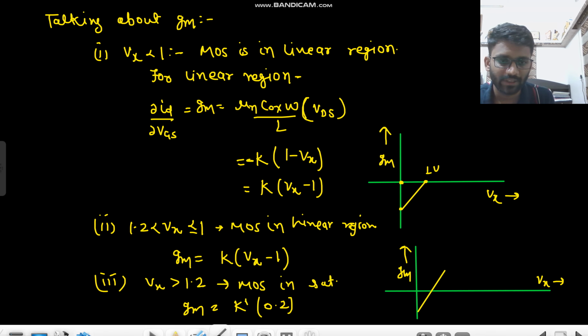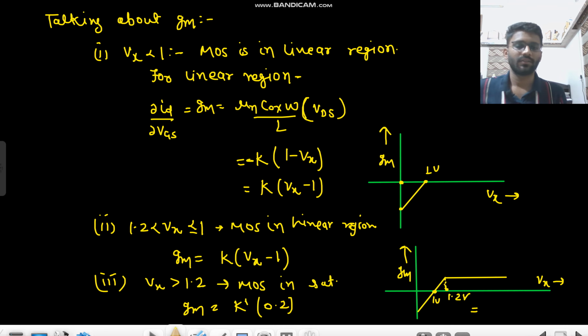So first it goes something like this, then it gets saturated. Okay, this is 1 volt, this is 1.2 volt. Okay, so did you understand this complete analysis?